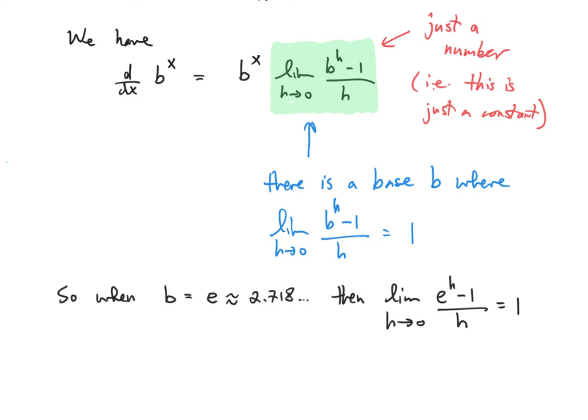So in that special case where b is equal to this special constant e, we could say the derivative of e to the x is just e to the x.